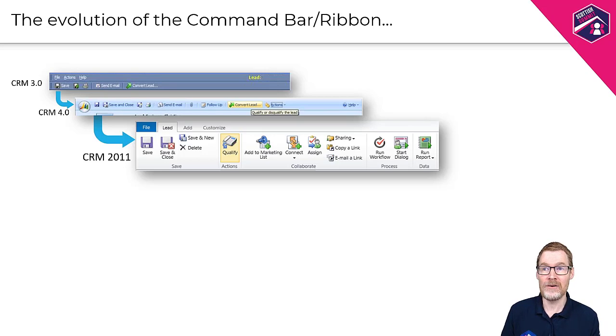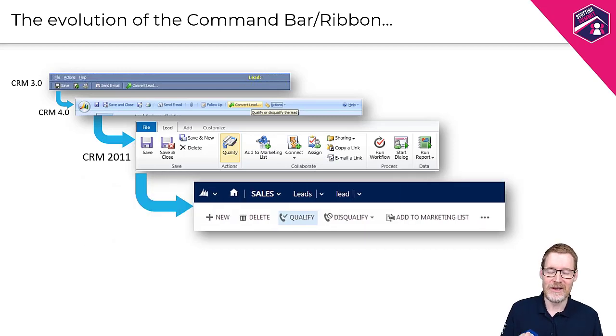And I think actually the code that they were using in CRM 2011 was indeed borrowed, probably lifted from the implementation of SharePoint. So there was a bit of a connection between CRM 2011 and SharePoint at the time. And then suddenly, the Polaris and then CRM 2013 introduced this command bar.